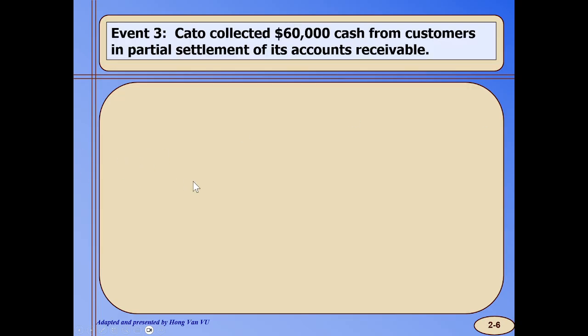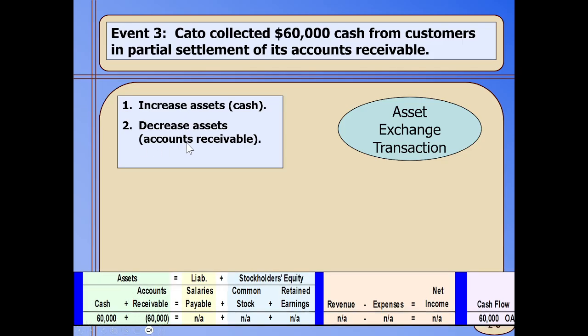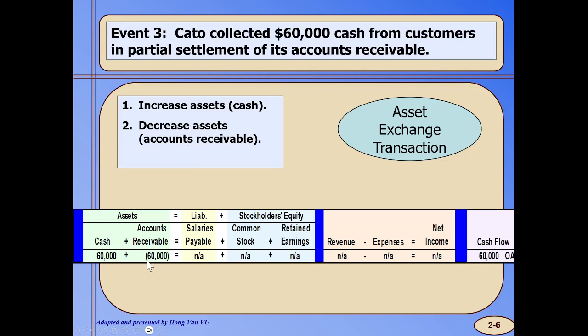Now we look at transaction number 3. The company collects 60,000 cash from customers in partial settlement of its accounts receivable. It means that now the client pays 60,000, but they still owe 24,000, which is 84,000 minus 60,000. So this transaction increases the cash asset account and decreases the accounts receivable account.